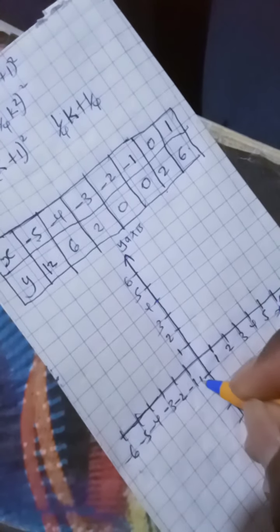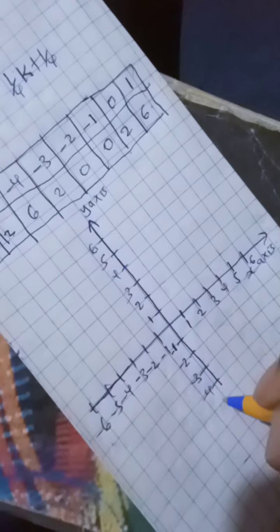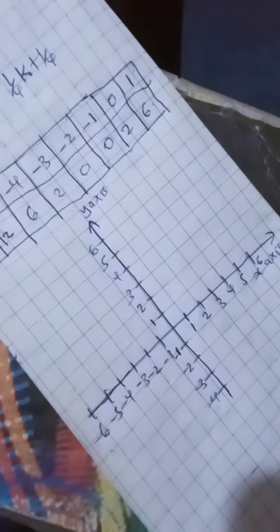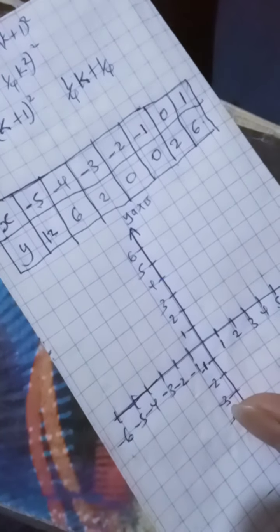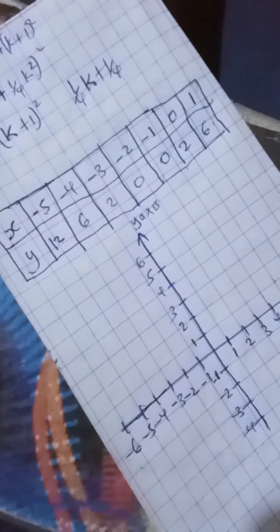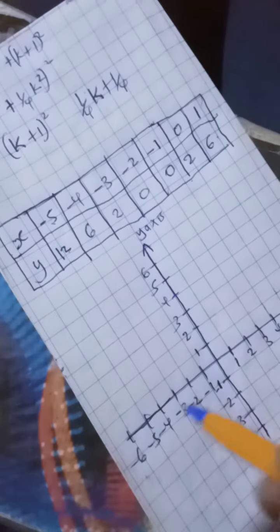Then never forget to mark at the negative side, -1, -2, -3, -4, continuing like that to the downward lane.